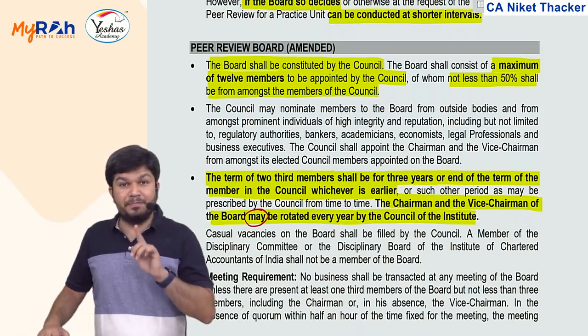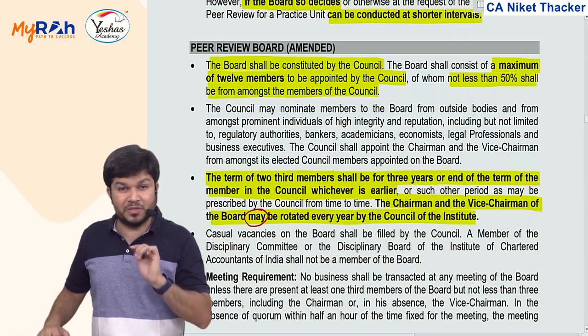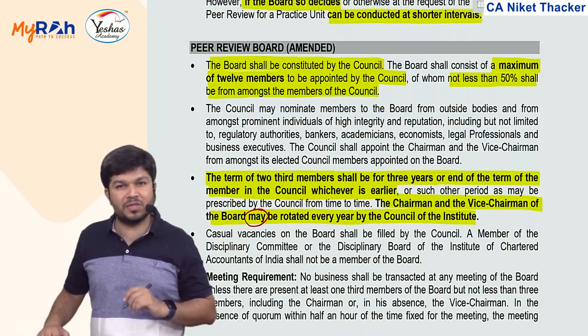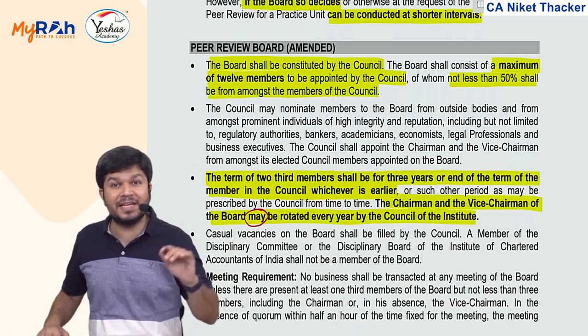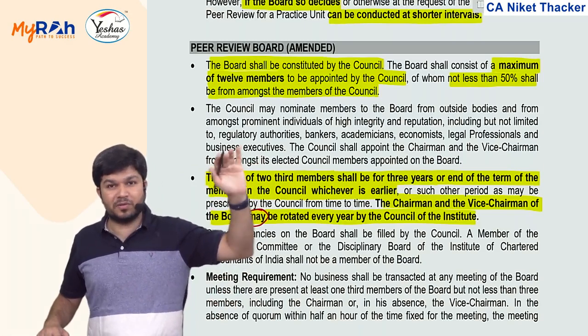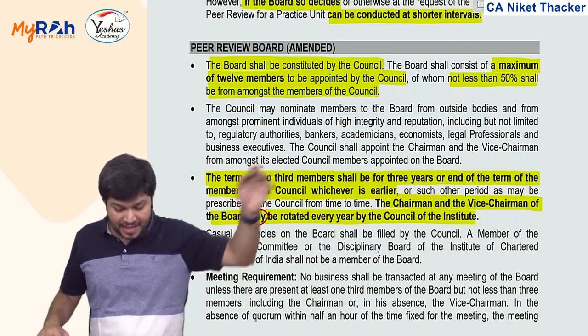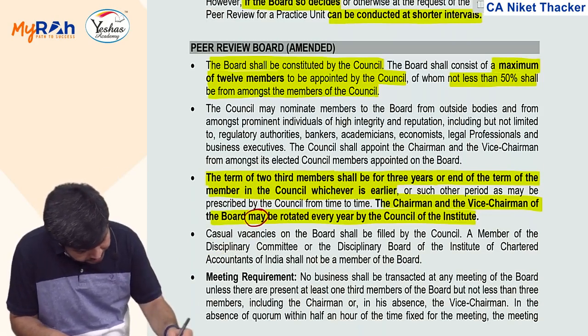And now majority member should be council member. Majority, 12 में से 7 are council members. So remaining 5 can be non-council member. They can be persons of eminent other categories. So I just write over here.